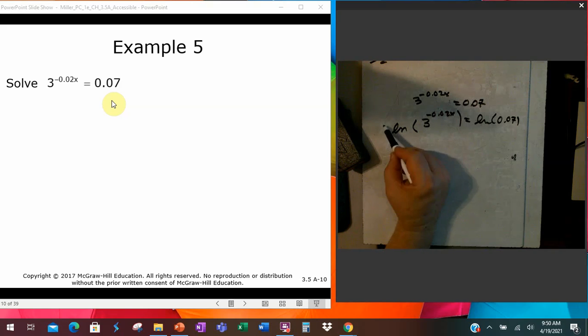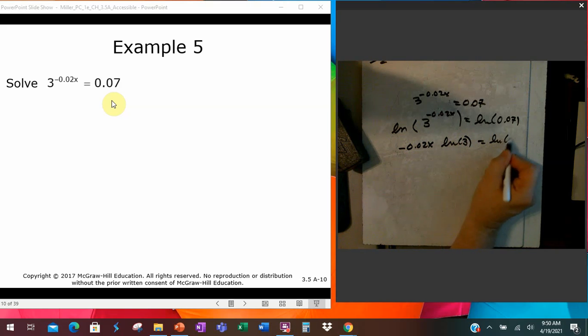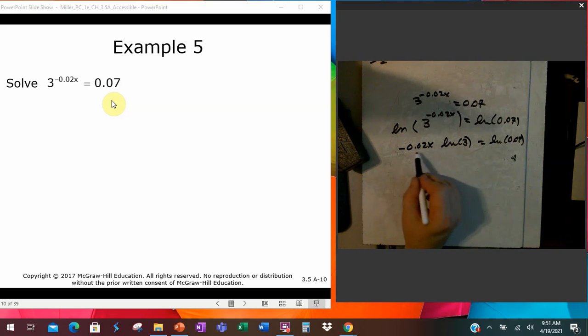But this is what's going to happen next. The exponent comes down here, so this is now minus 0.02x times the natural log of 3. I keep this. And now I just want to divide this out, so divide both sides by negative 0.02 times ln of 3.